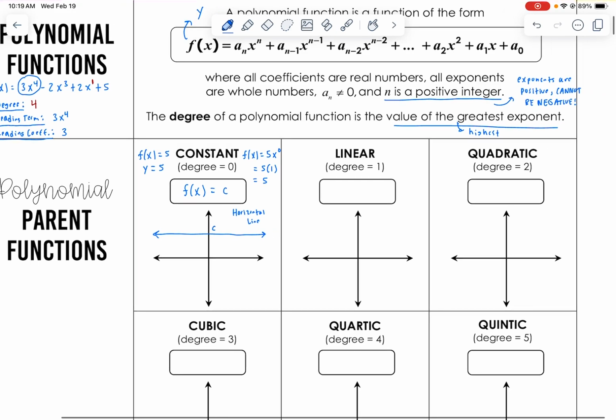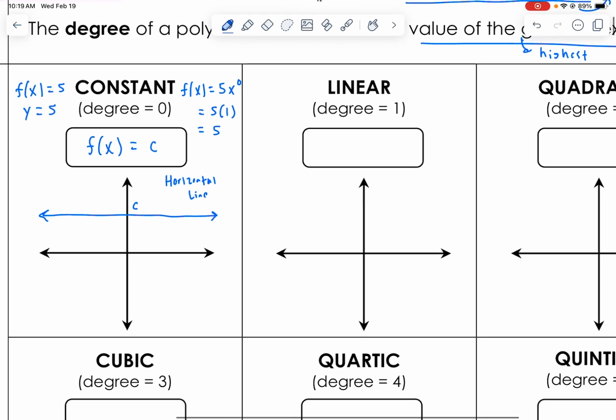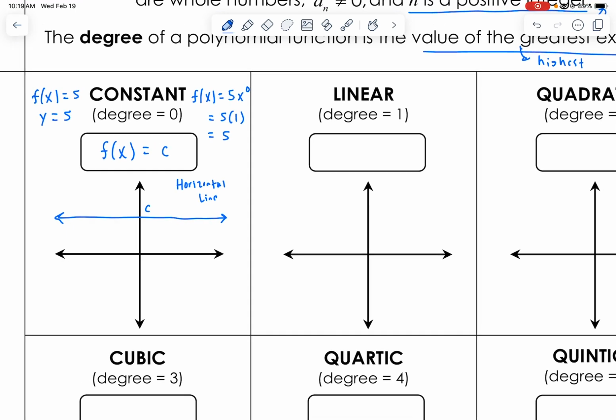All right, we'll go ahead and graph this next one, the linear function, which is a function you should have also seen back in Algebra 1, f of x equals x. Don't forget here, the power is 1. So the degree of this is 1. If you graph it on Desmos, it'll look something like this.